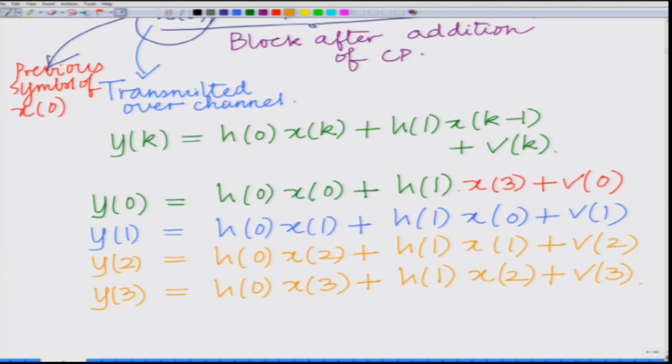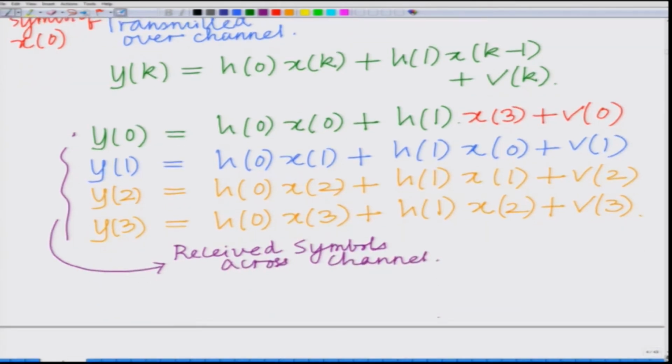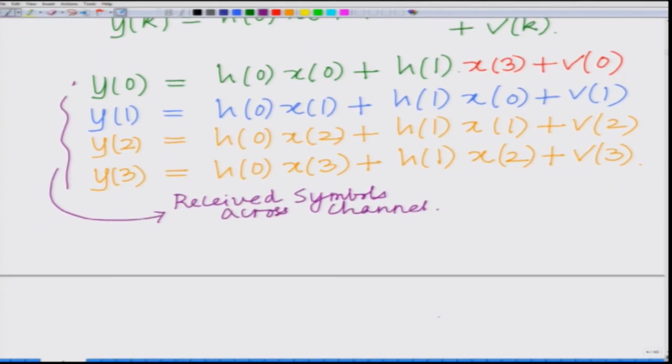And this now basically gives us the received symbols across the channel. All right. So, we have the small y0, small y1, small y2, small y3, which are the received symbols.